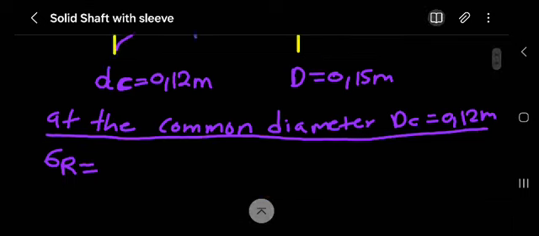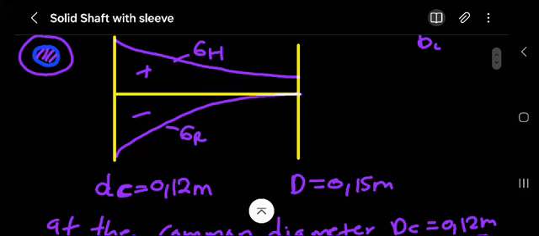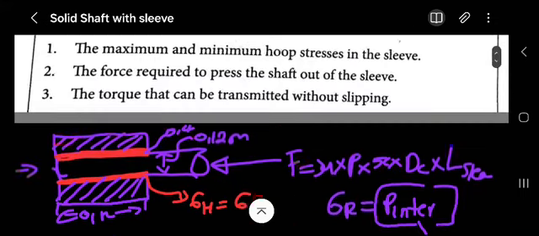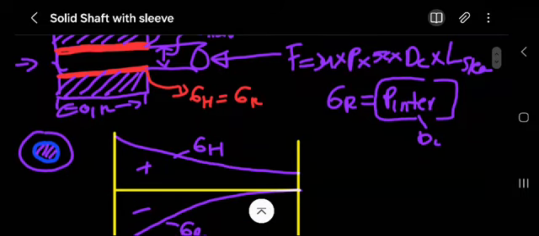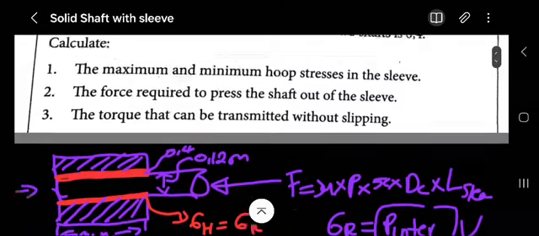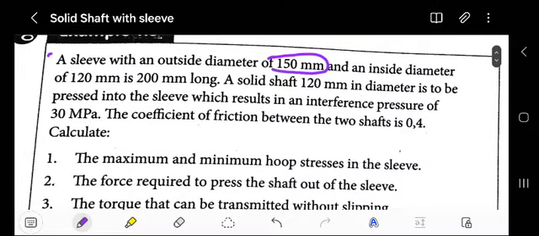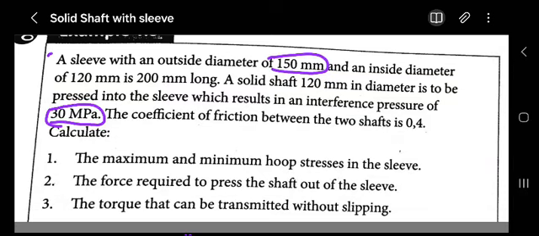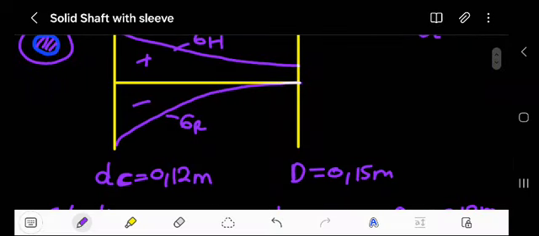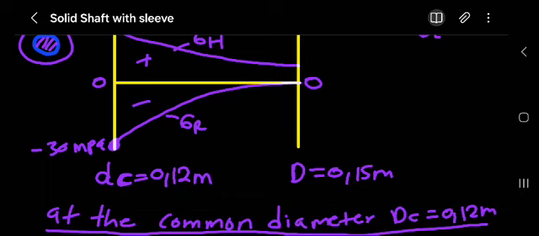We come to our graph and check: it is the same as the interference pressure, which I've been given as 30. When you write it here, it must be negative because it's in the negative region. So it will be minus 30 megapascal at this point, right at our common diameter.